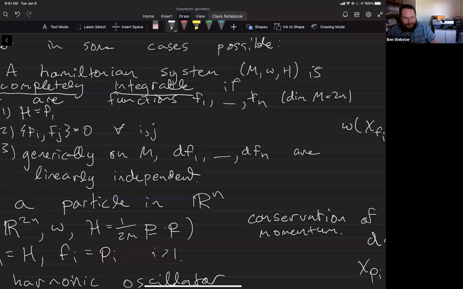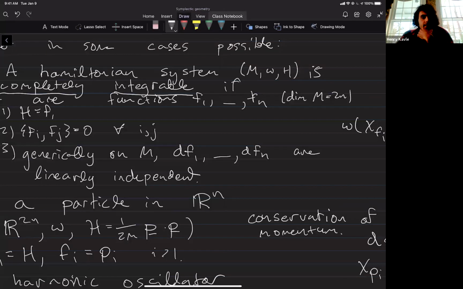I'm wondering, if you took a system that was just r to the 2n with the Hamiltonian h equals x1, wouldn't you have all of your other xi's Poisson commuting with the Hamiltonian as well as y2, y3 up to yn? But they don't Poisson commute with each other.